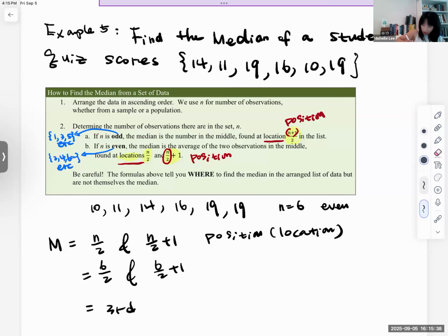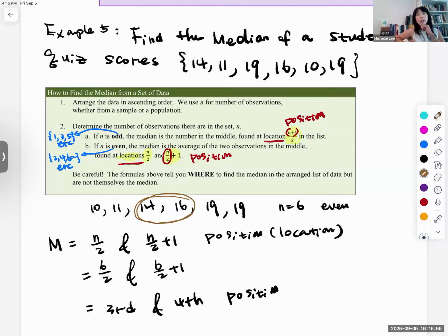No need to calculate, it's just the fourth. Now the third and fourth will be here. Then how do we find the middle number between 14 and 16? Very good. We add them together and divide by 2, because we want to find the average of the 2 numbers. In that case, all right, so let's do it.